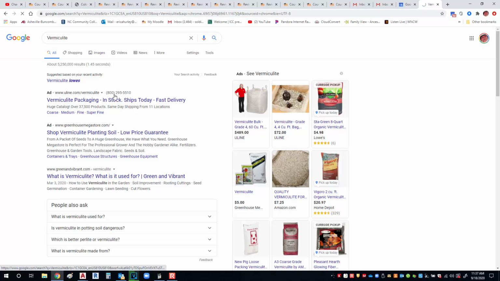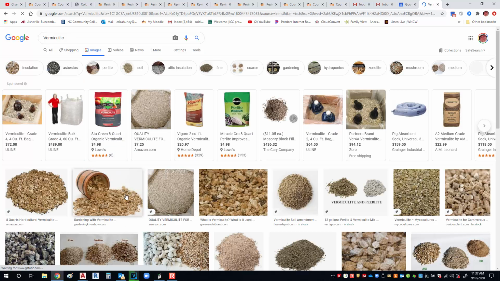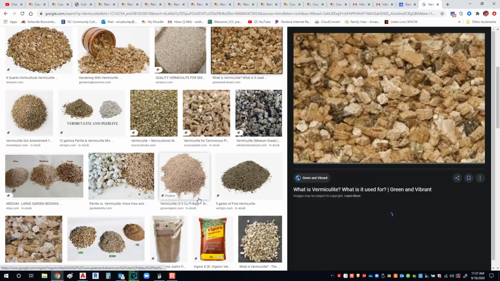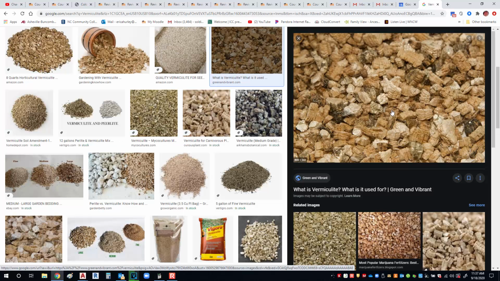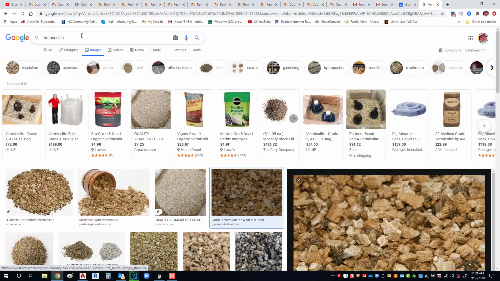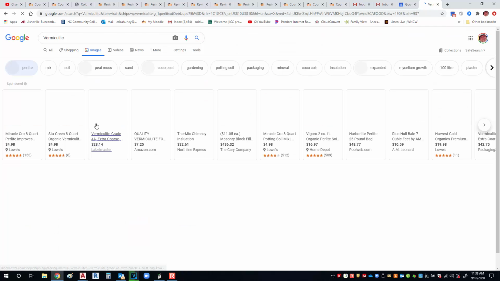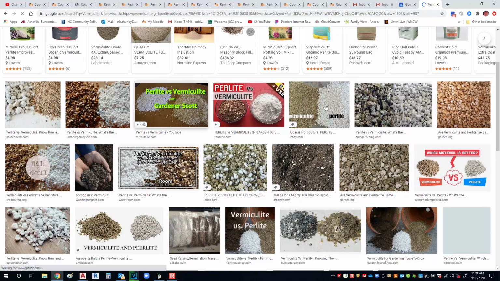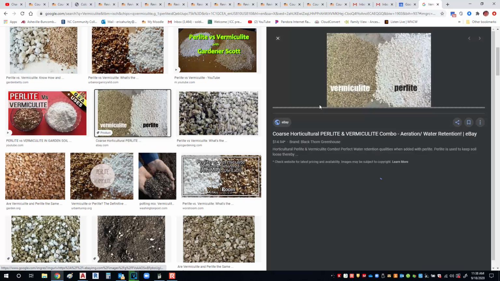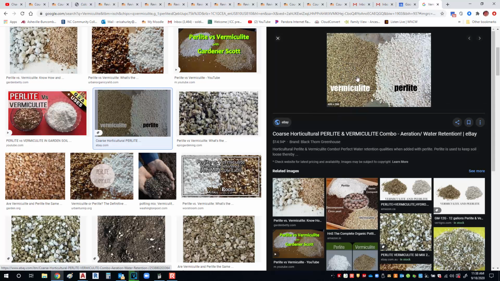Vermiculite and perlite are both a mineral that is mined, and this is what vermiculite looks like. It's almost like cork looking stuff, but it is very light and it has a little bit of an R value to it. Let's look at perlite. Perlite is very much similar. Look at there, we got a picture of the two together, which is nice. Both are a mineral and both have insulation properties.